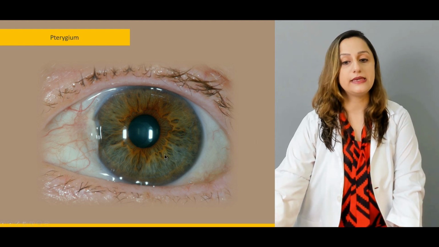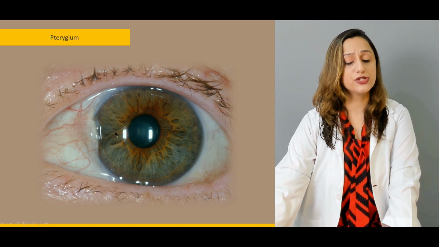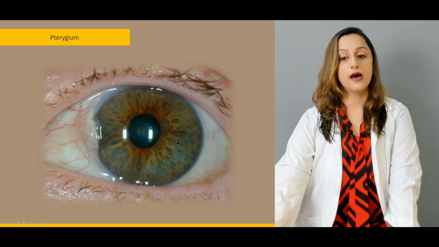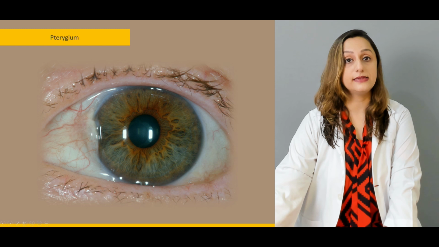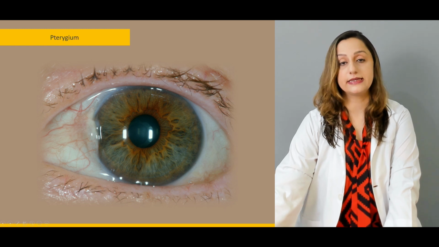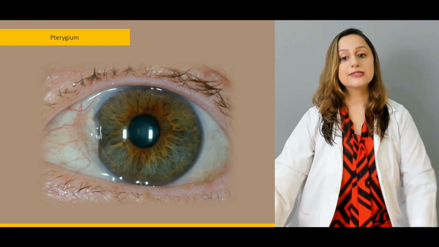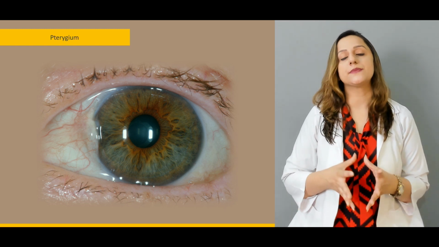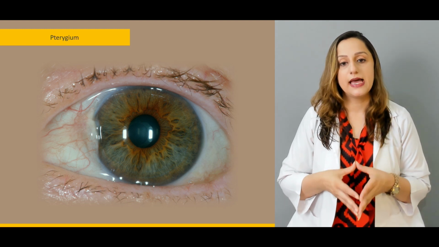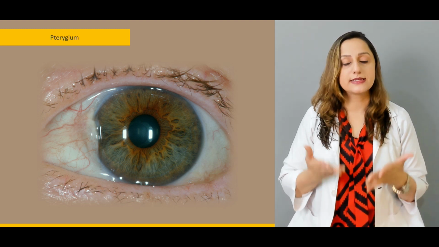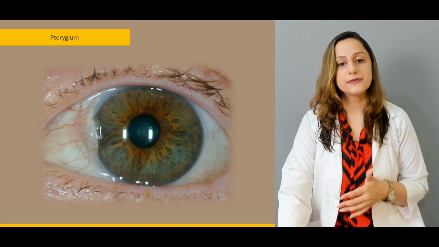Where the pterygium is ending, the Fuchs spots are going to be present, and they are the signs indicating that it's a progressive kind of pterygium. So knowing the signs and symptoms, it's sometimes quite easy to diagnose these kinds of degenerative changes that we usually come across clinically as an ophthalmologist.